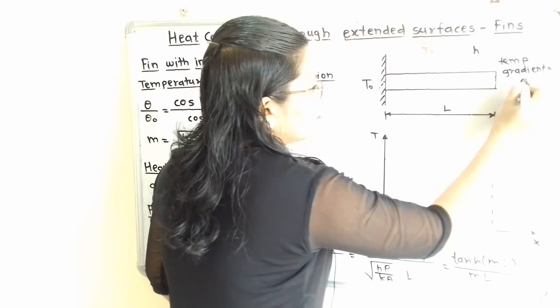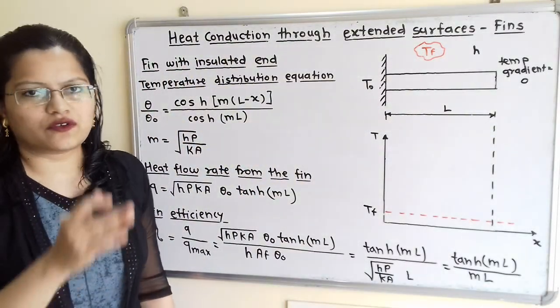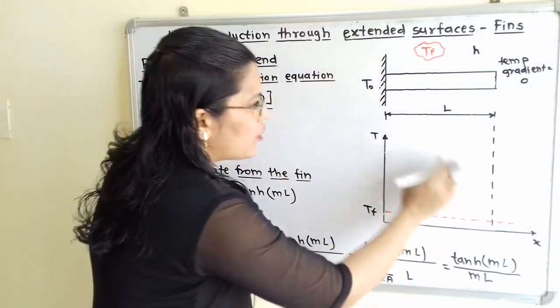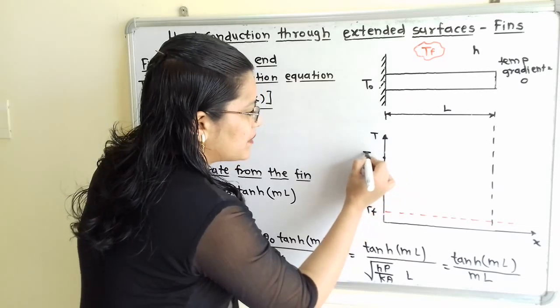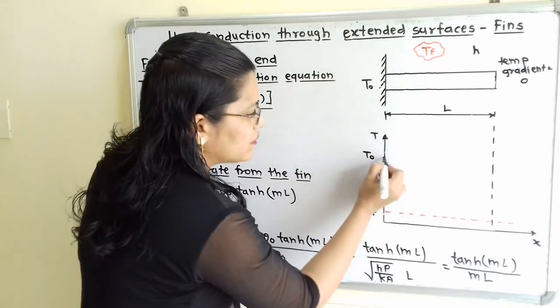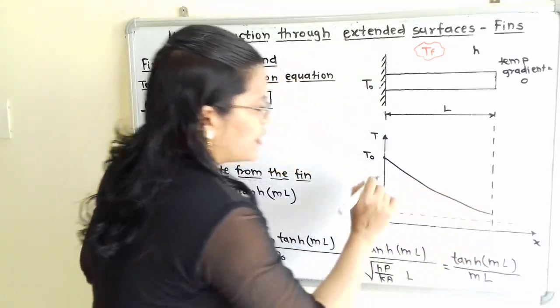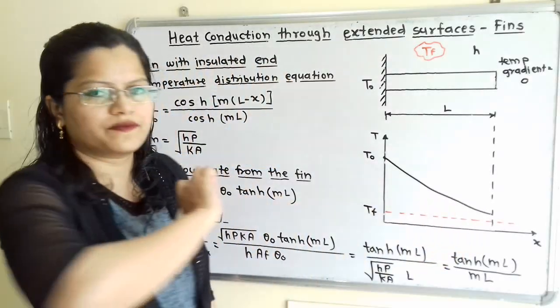is equal to 0. Now we will show the structure or graph of the temperature as it decreases along the length L. So here is the maximum temperature, that is temperature T0, and in this way the temperature is getting decreased.